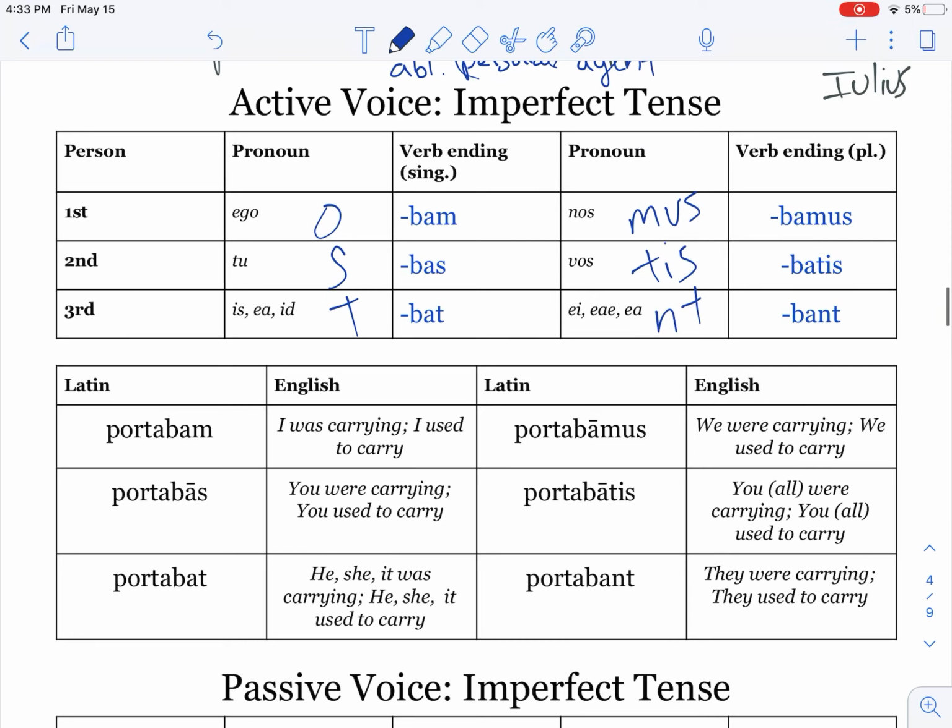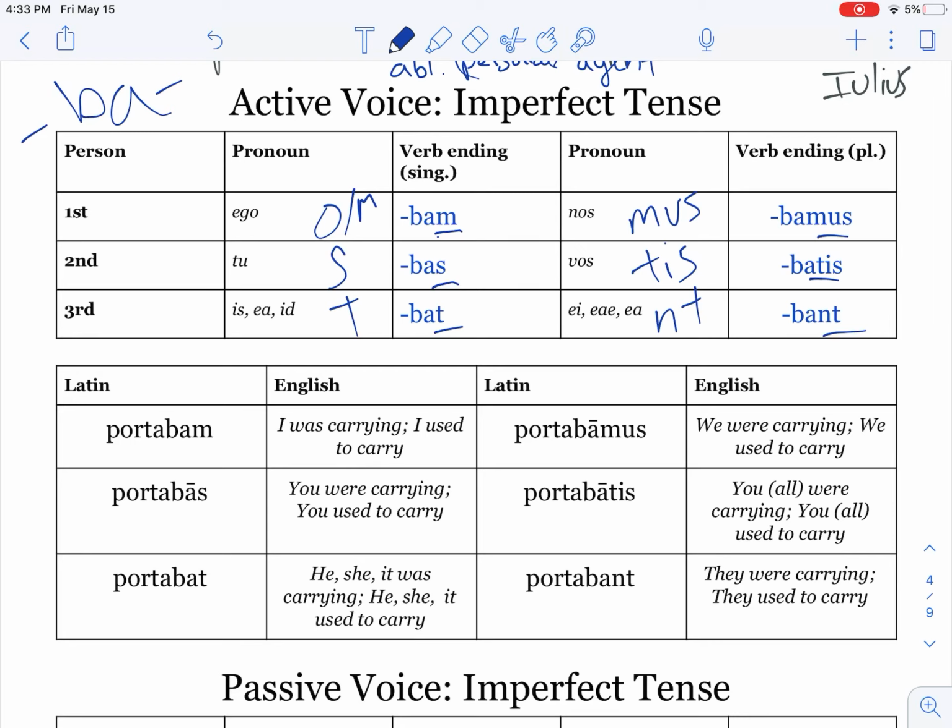For the imperfect tense, the idea is was happening, still could be. So I'm still using this o or m sometimes, s, t, mus, tis, nt. And then I have a tense indicator of ba. So when you think imperfect, you want to think ba. You're going to have ba between your stem and your ending.